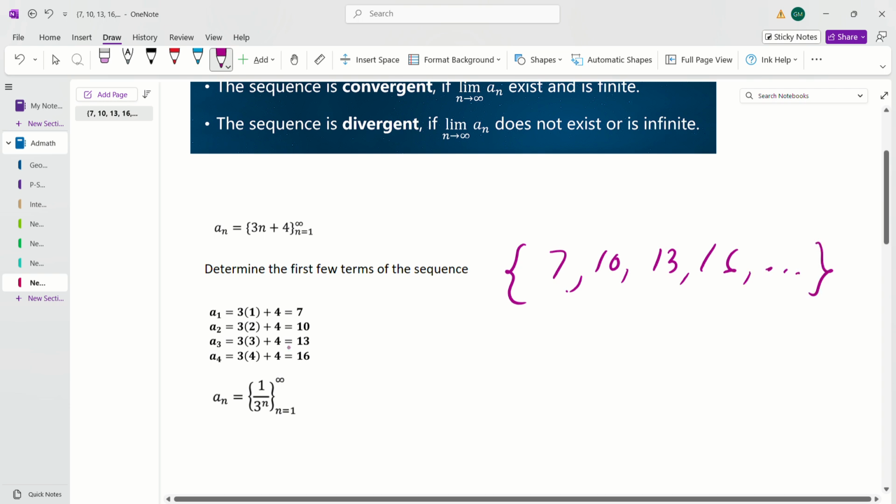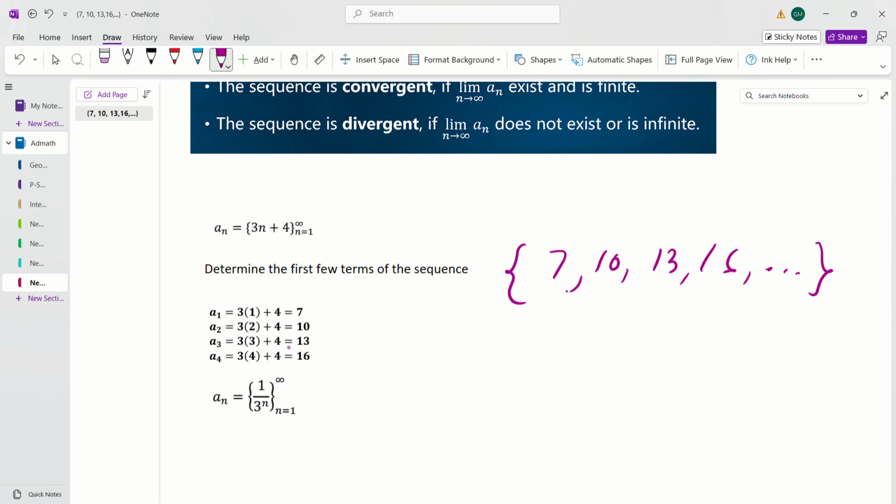As you can see, the behavior is increasing infinitely. The idea here is it is increasing infinitely, and you don't know what the maximum value is. So you don't know the limit.